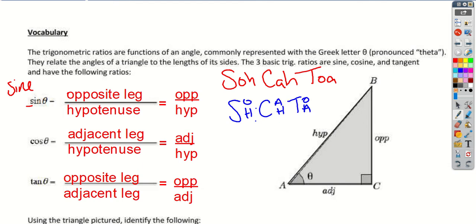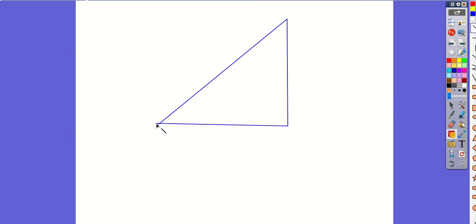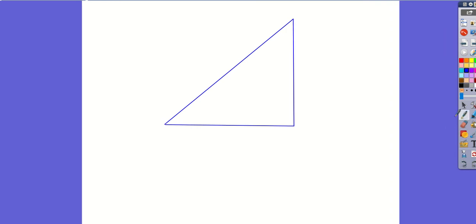All right. And so really what happens is this. If I were to take a triangle, and I know it's a right triangle, we're going to start with creating this right triangle. And I create it so that I have a 33-degree angle here, which makes this angle over here become 57 degrees.